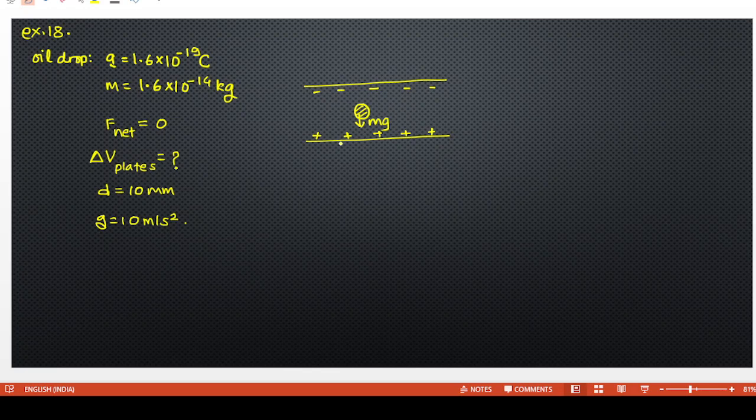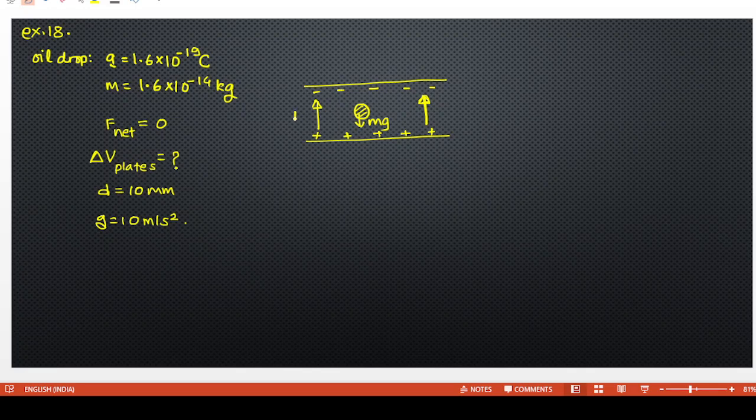Or in other language you can say this positive plate will create the electric field in this region. Also this negative plate will create the electric field. The positive plate will create the electric field away from it and the negative plate will produce the electric field towards it. So in short, in this region we will have upward electric field like this, away from positive and towards negative.